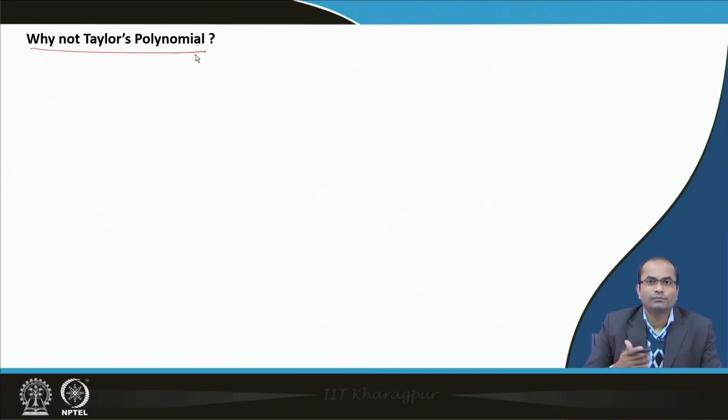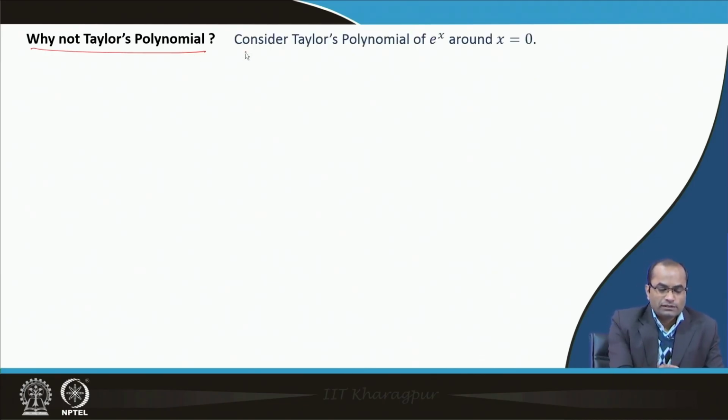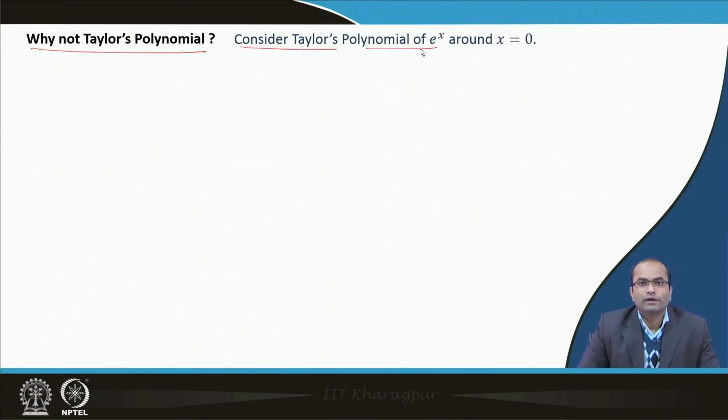Given a function, we are approximating it in terms of a polynomial, which in this case is a Taylor's polynomial. So, let us demonstrate through this example, and then we will give the reason why not Taylor's polynomial. We are talking about some other kind of polynomials here.